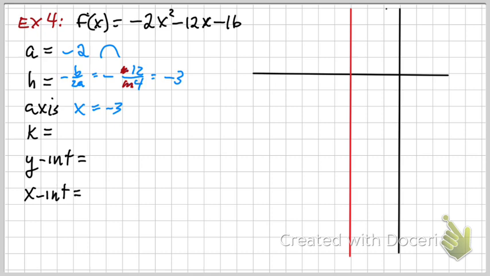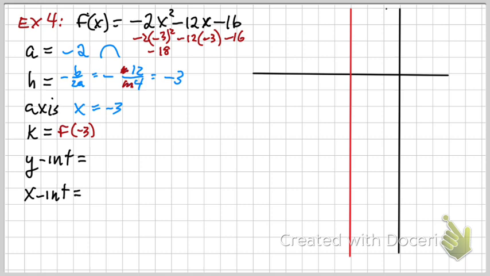What's k? Well, I'll plug that negative 3 in up here. Remember, it's f of h. So negative 3 times negative 3 is 9, times negative 2 is negative 18.